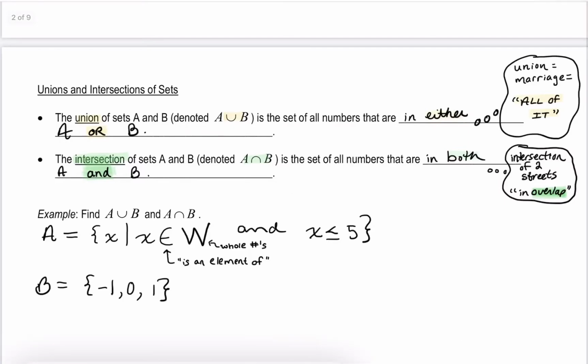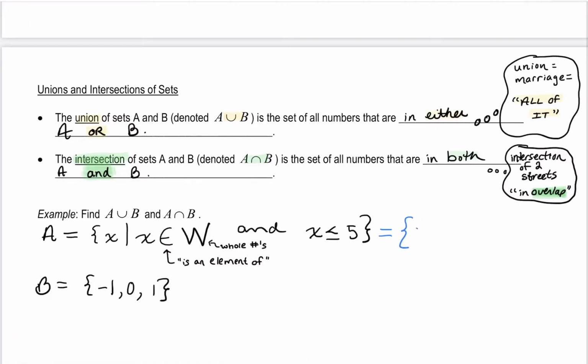Okay, so the first thing I want us to realize here is what set A looks like. Remember the whole numbers: often students remember those by thinking of the O in whole, it starts at 0, and then it's 0, 1, 2, 3, and so on. So if we were going to write this out instead of in this notation, let's think about what this means.